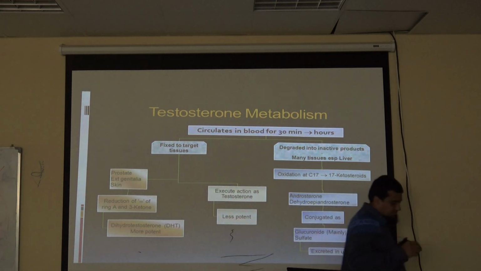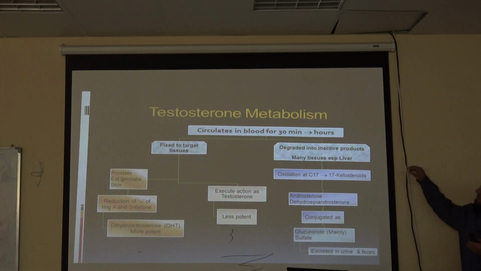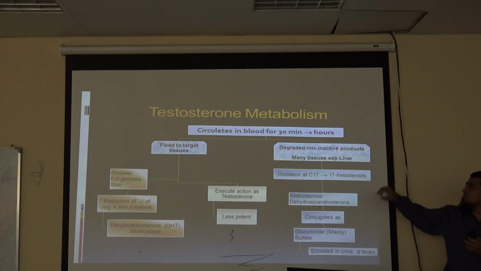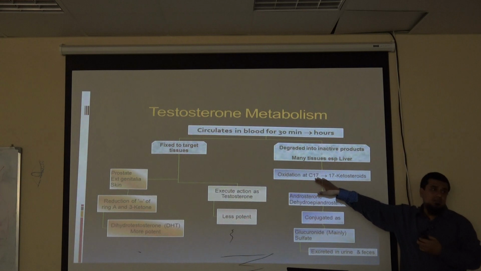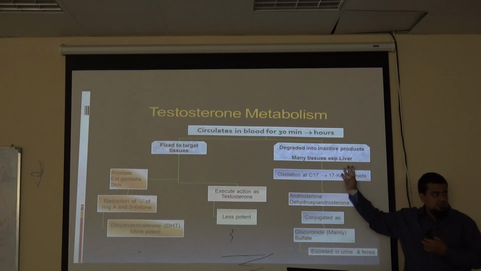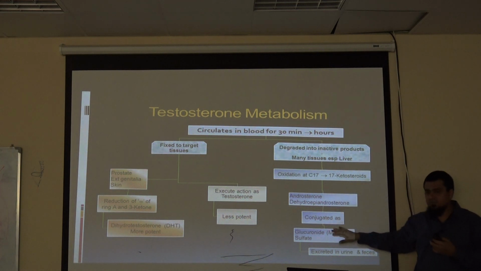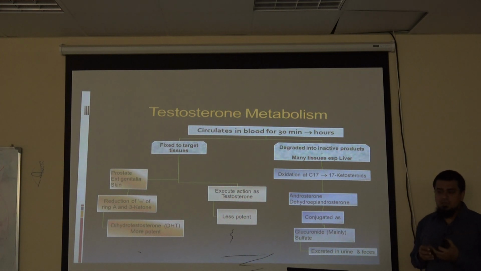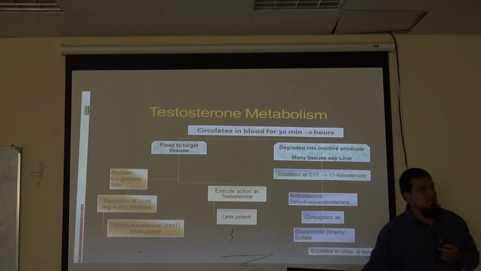Similarly, in liver, the oxidation also occurs at carbon number 17, and again they convert into their ketone derivatives, and these ketone derivatives are conjugated as sulfates or glucuronate, and they are excreted in urine. Clear? Is it clear?